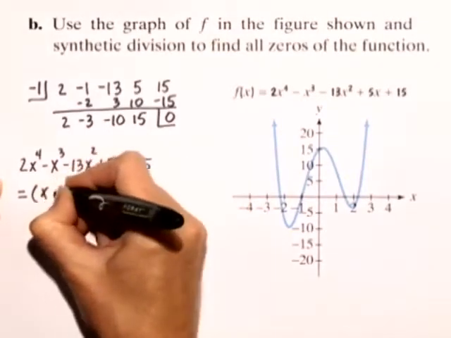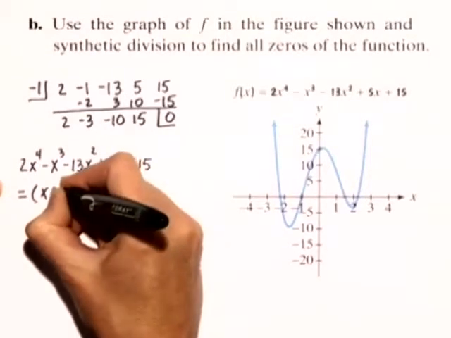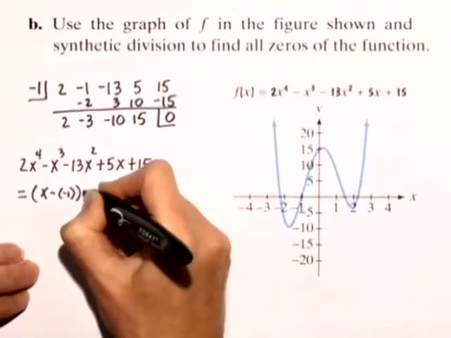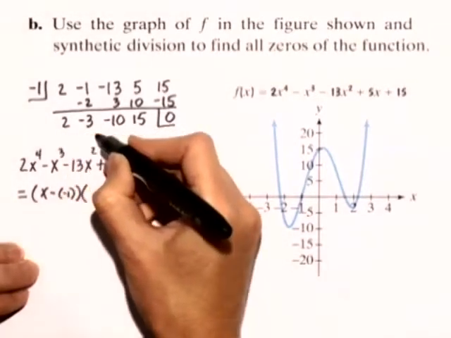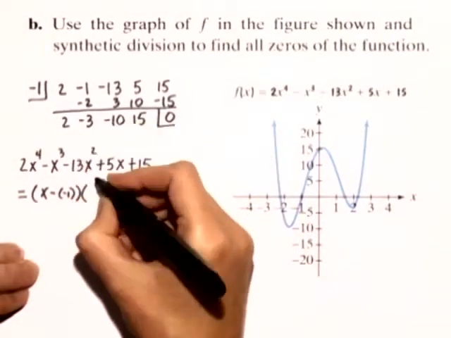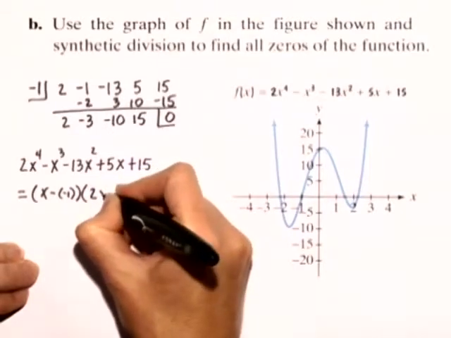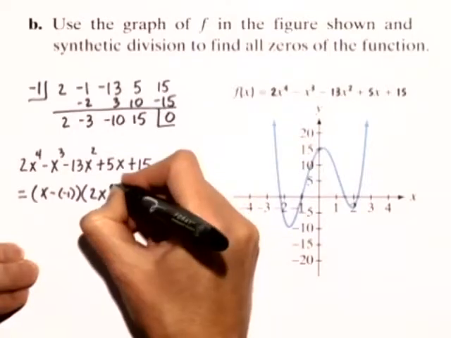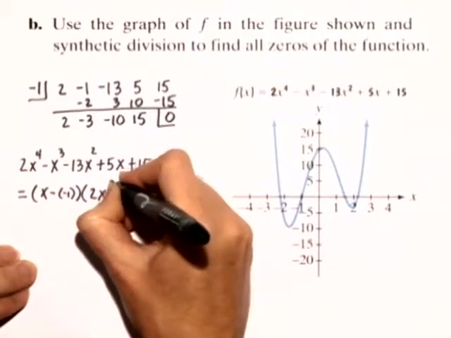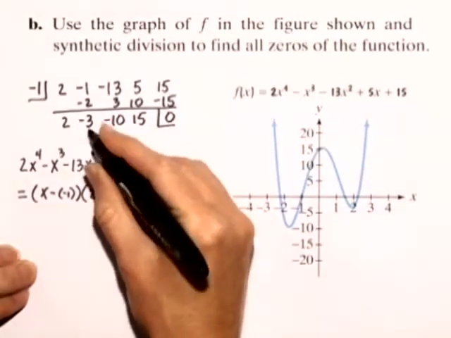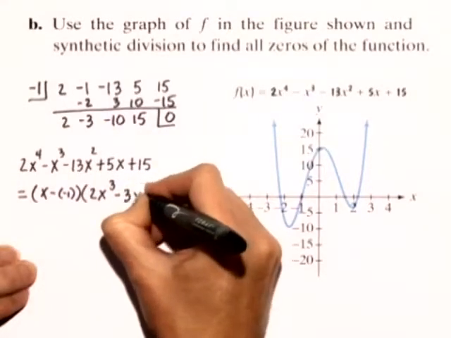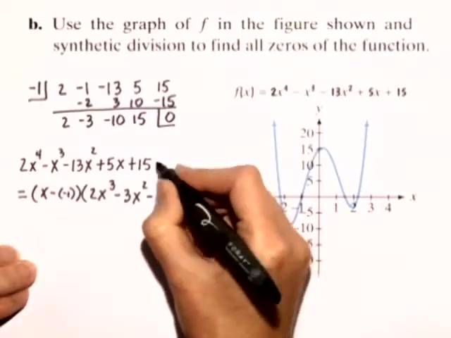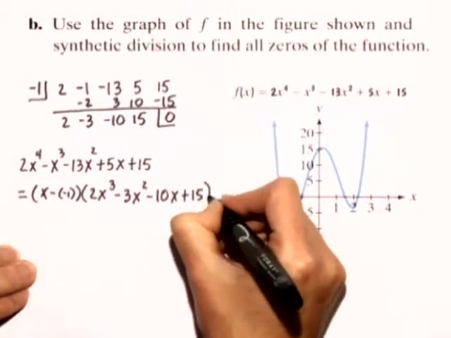We have the factor x minus our first root of -1, which is really the same as x plus 1, times the remaining factor, starting with this coefficient 2, it's going to be x to 1 degree lower than our leading term. So our leading term was x to the 4th. This will be x cubed. Then we have minus 3x squared minus 10x plus 15.